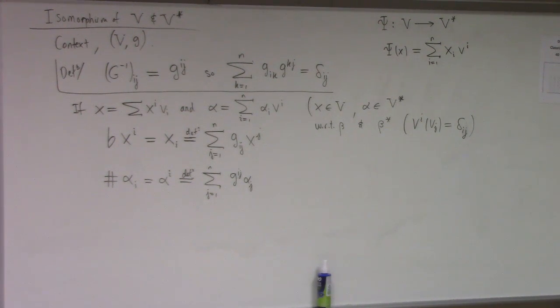So I just lower the contravariant index to a covariant index, and that in fact will define an isomorphism.